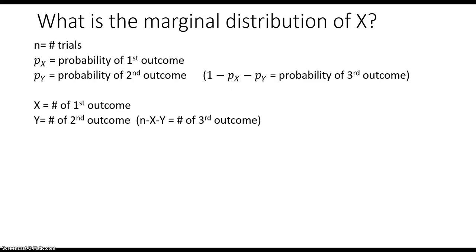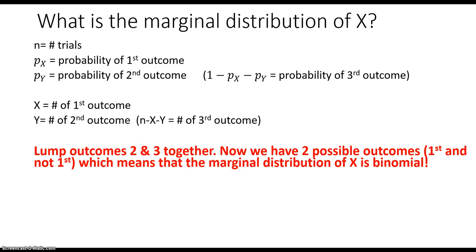Let's talk then about the marginal distribution of x. When we're interested in the marginal distribution of x, all we're interested in now is the number of the first outcome that occur. We don't care how many times the second outcome occurs, only whether or not the first outcome occurs. So what we can do here is lump outcomes 2 and 3 together, which means that we now have 2 possible outcomes: the first outcome occurring, and not the first outcome occurring.